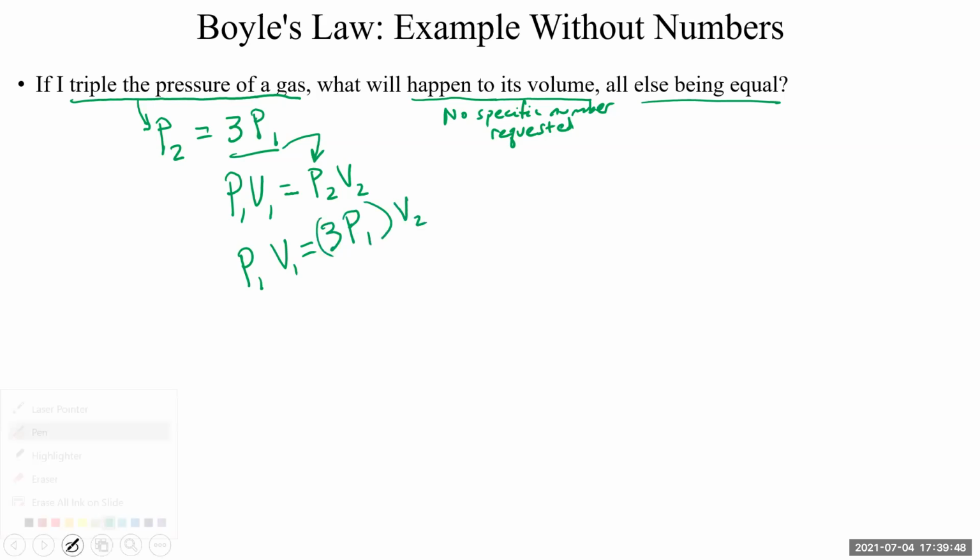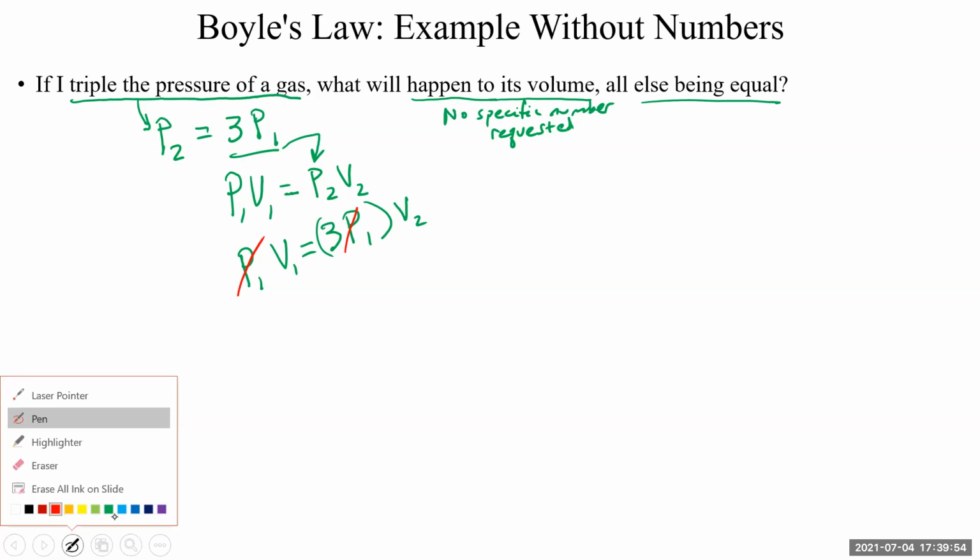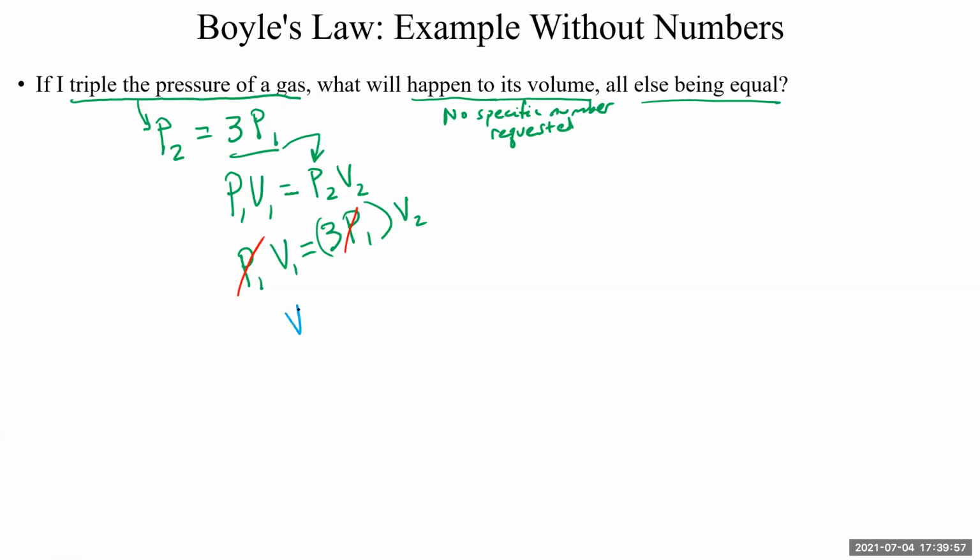We can see that P1 is going to cancel out on both sides. So what do we have? We have V1 is equal to 3 times V2. What does this mean? Well, what this means is that our V2 is 1/3 of V1. If we take the 3 and we put it underneath V1, this is what happens.